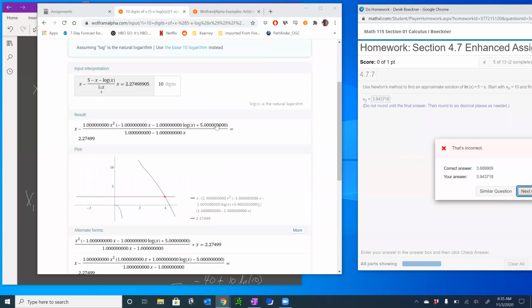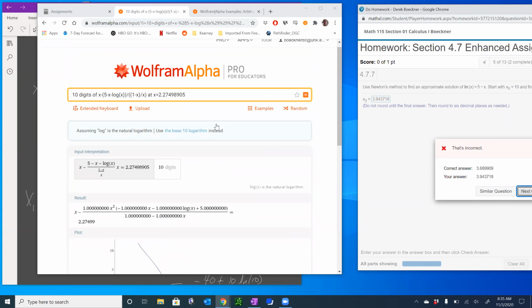Any thoughts on what we're doing wrong? How many of you carry?